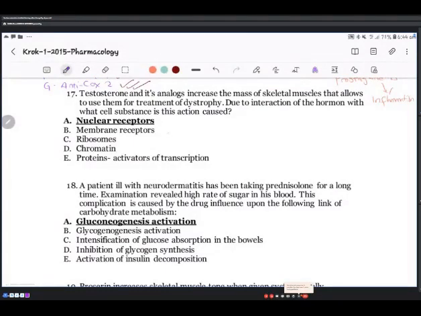So they're asking us, these are all cell substances and particles. So remember that ribosomes are for RNA and DNA structure.